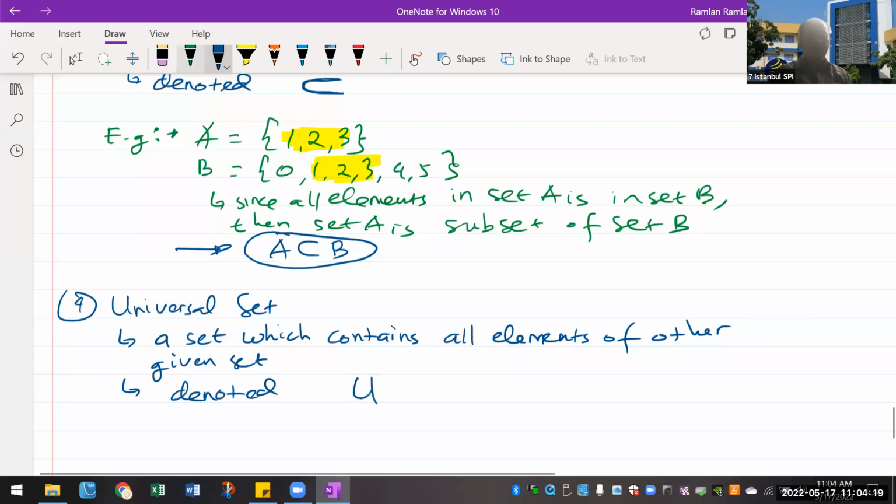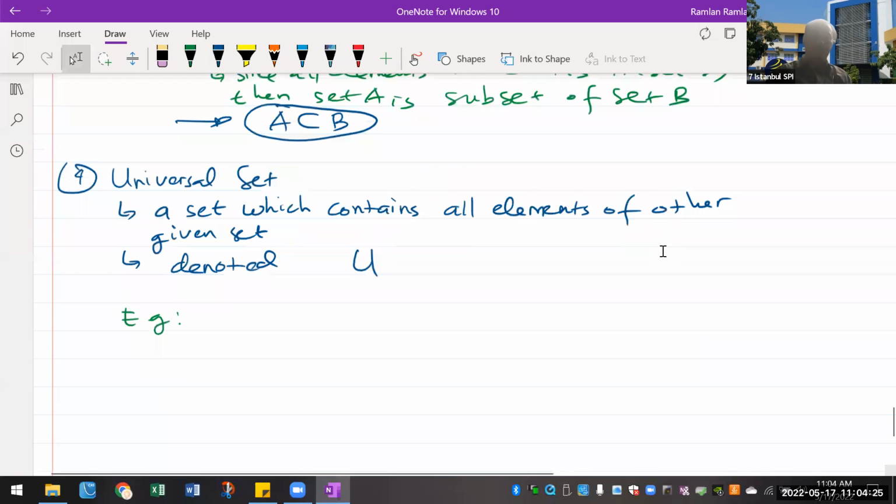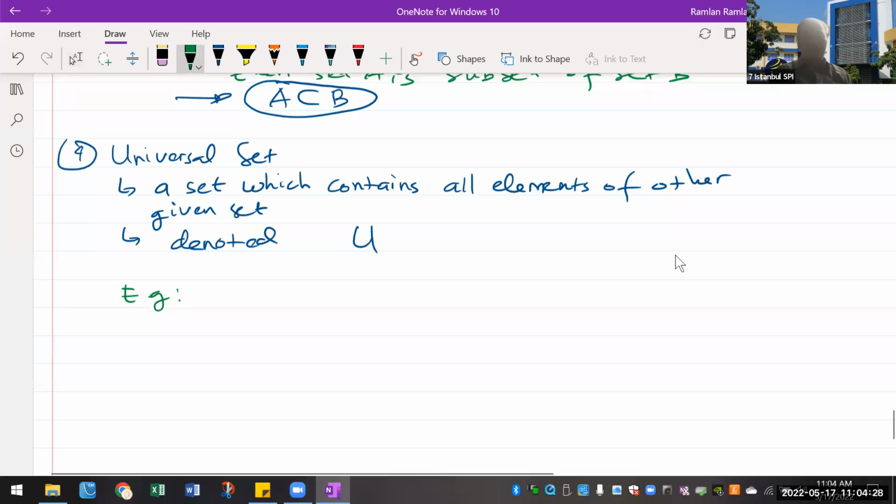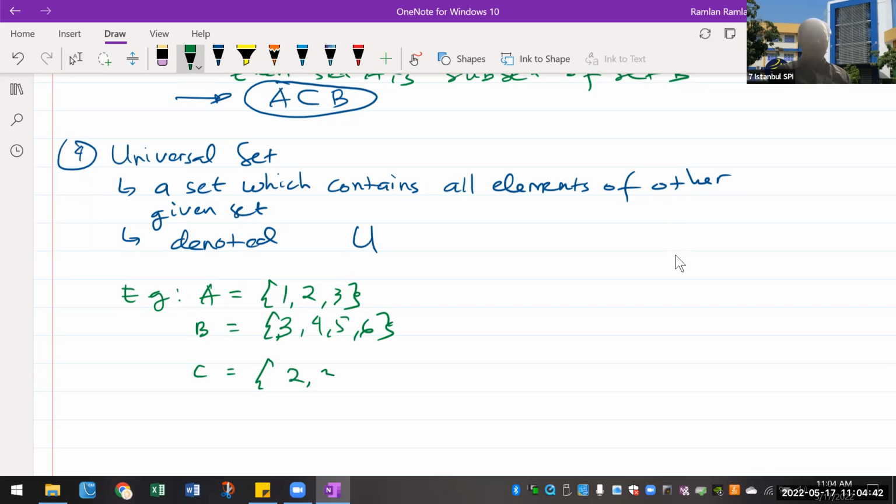Now I'm going to give you an example. For example, guys, I have 3 sets: set A, set B, and set C. Set A is 1, 2, 3. Set B is 3, 4, 5, 6. Set C is 2, 3, 5, and 7.